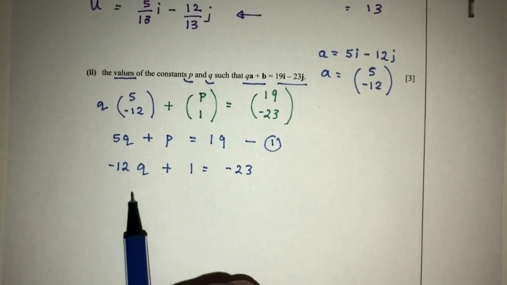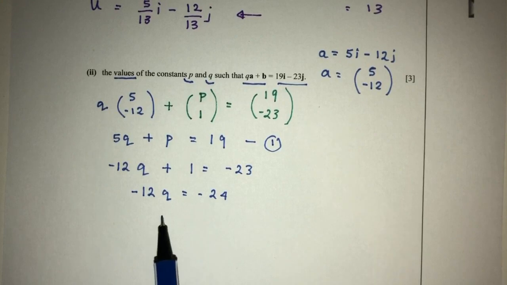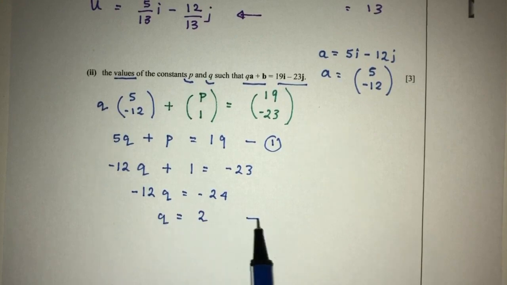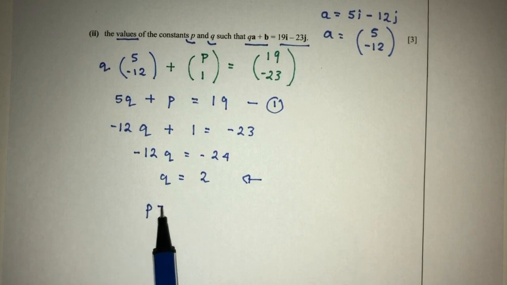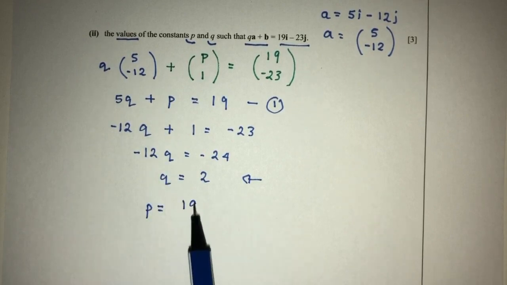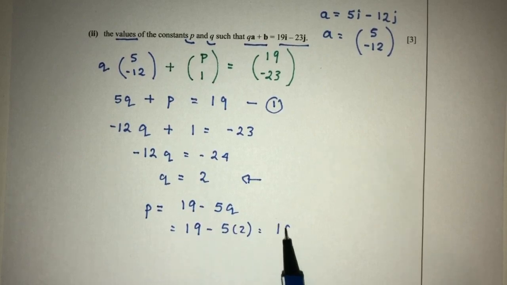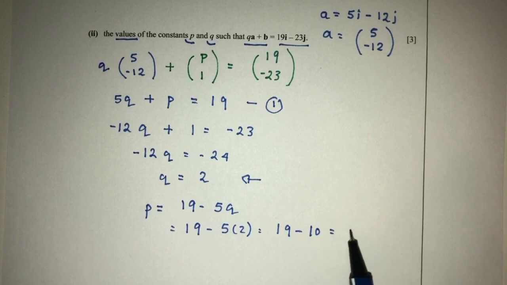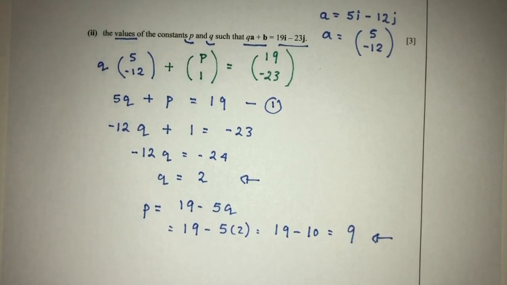So simplify. Minus 12q is minus 24. So q has to be the value of 2. Okay, so now we have to find the value of p. So p will be what? From the first equation it is 19 minus 5q. So 19 minus 5 times 2 has to be 19 minus 10, and that will be 9. That is the equation solved for question number 6.